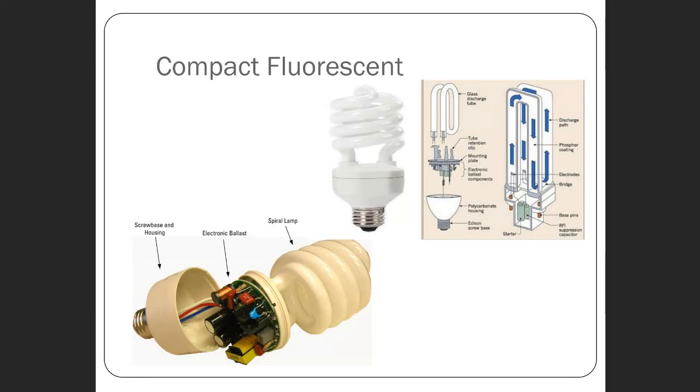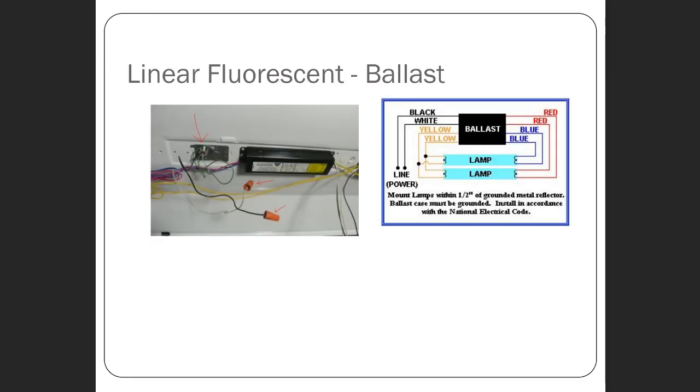These were fairly common. This is what we were replacing incandescents with for a long time, and now this technology has largely been supplanted by LEDs. Again, along with the tube itself, a fluorescent fixture typically has a ballast.